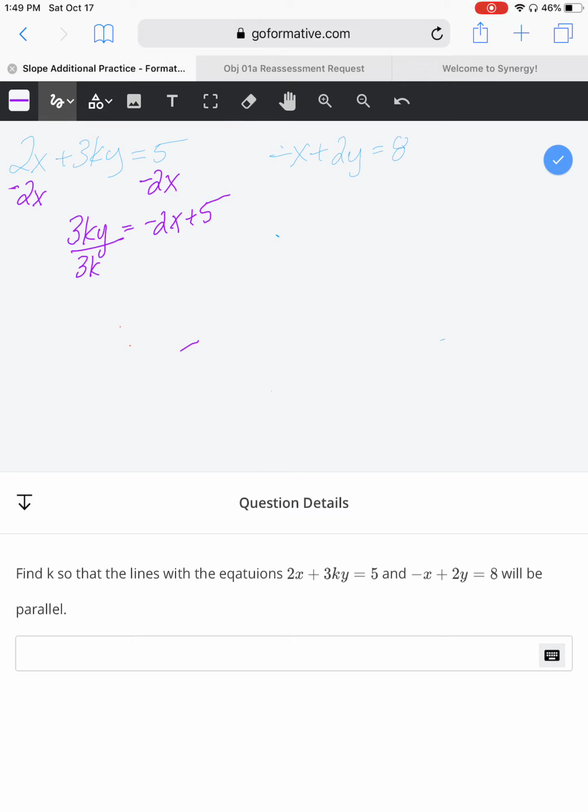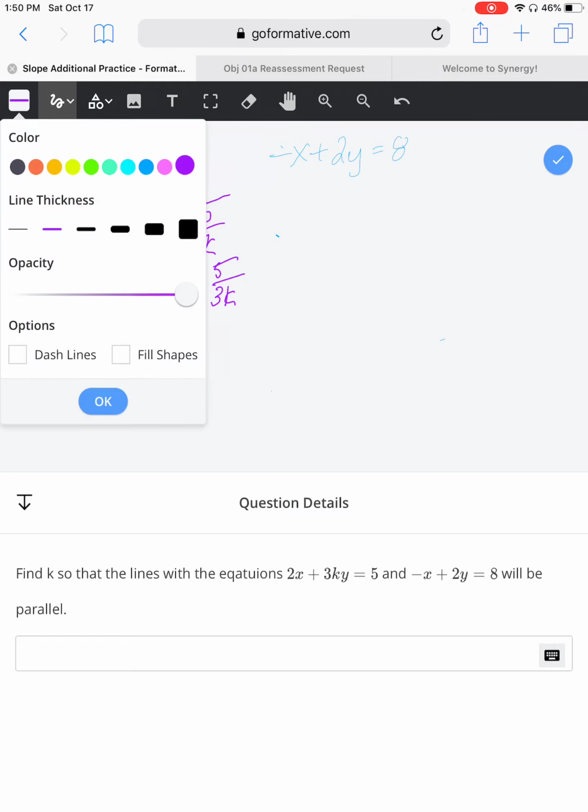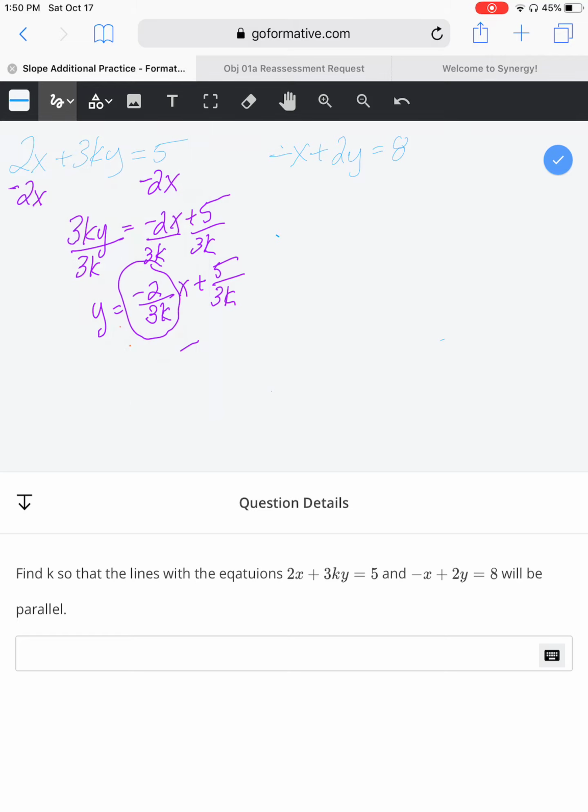Then I am going to divide by 3k. So I end up with y is equal to negative 2 over 3k times x plus 5 over 3k. And what you'll recognize is on this side right here that the slope is the negative 2 over 3k.